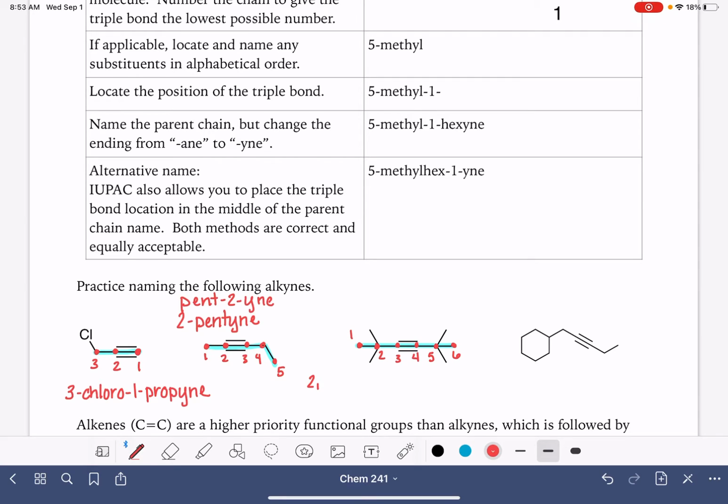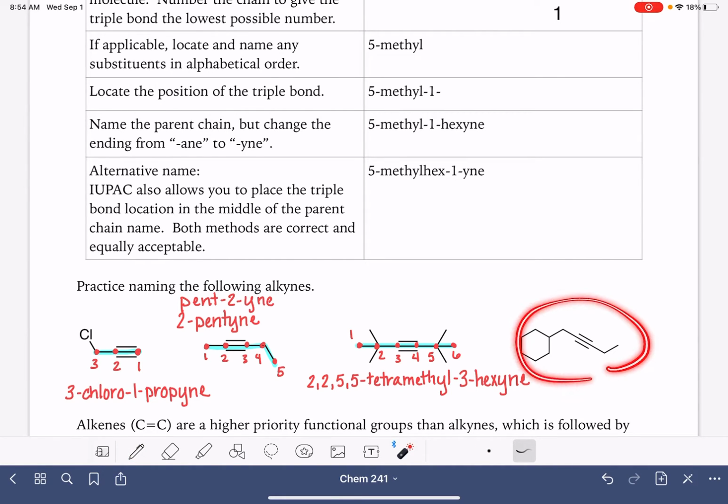It's a methyl group on 2 and another methyl group on 2, a methyl group on 5 and another methyl group on 5. 4 methyl groups would be tetramethyl. Tetra isn't a prefix that we use very often. And our triple bond is on carbon number 3. This is a 6-carbon chain, so this is hexyne.